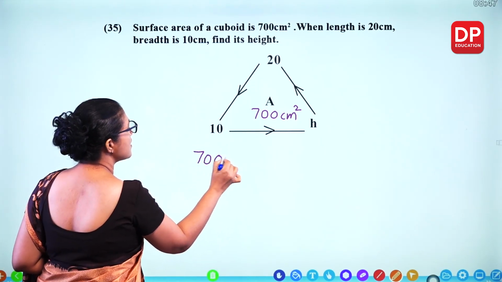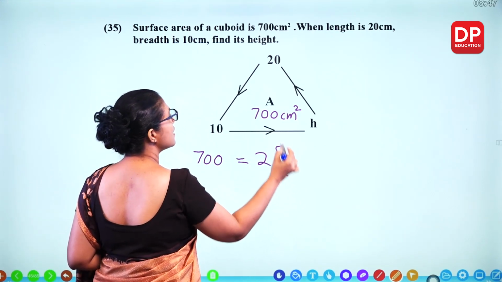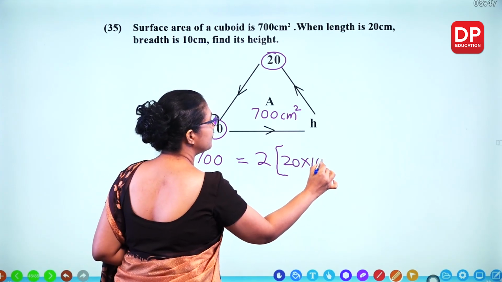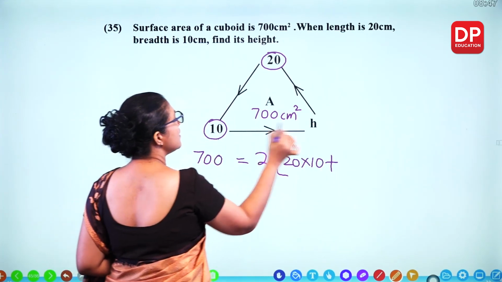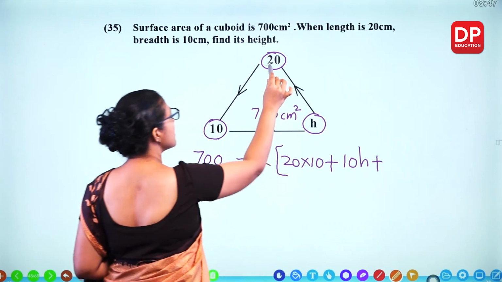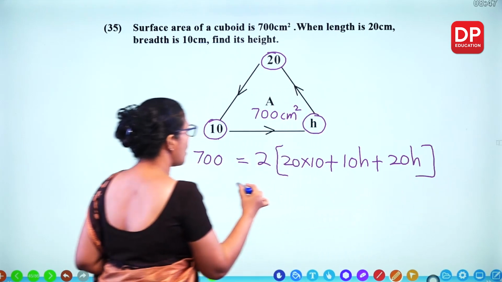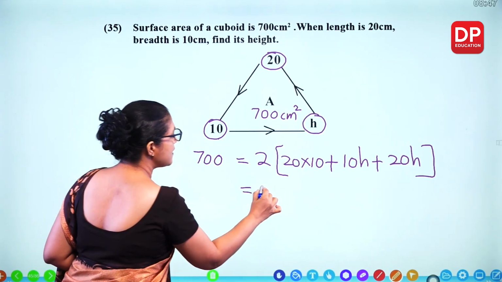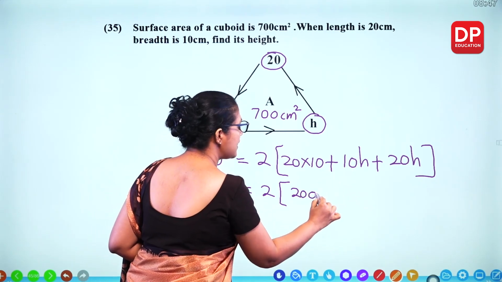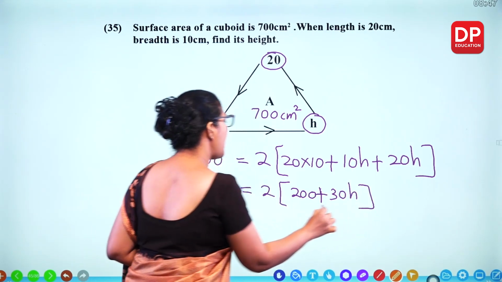Surface area is equal to 2 times length into breadth, then plus this into height, 10h, plus this into this, 20h. Now simplify inside first: 200, 10h and 20h, you get 30h. Like terms you can add.